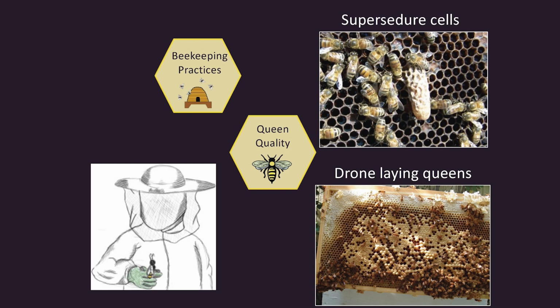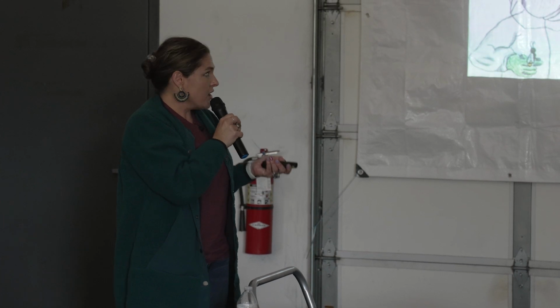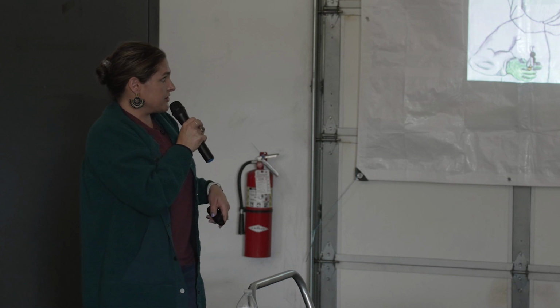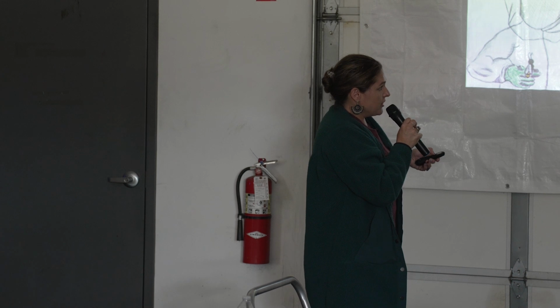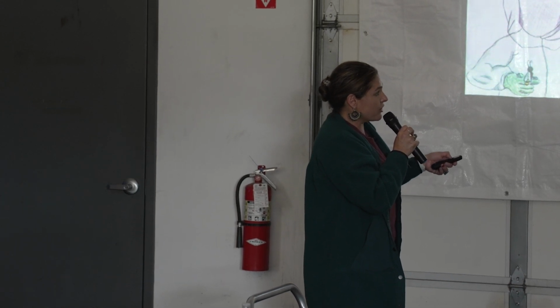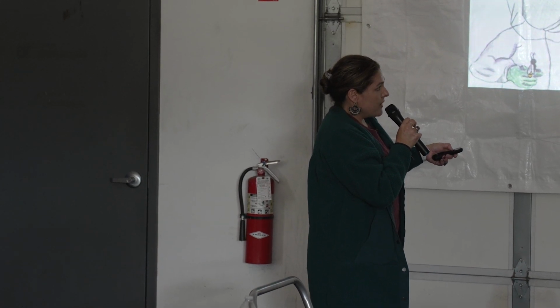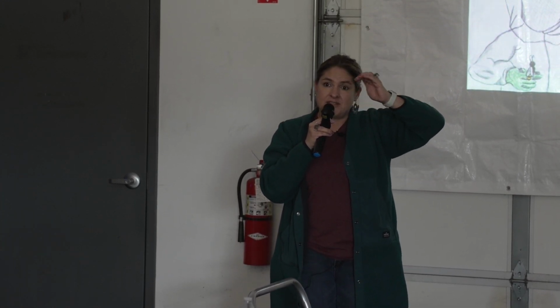And finally, our own beekeeping practices. We need to pay attention to what we do as beekeepers, and most of what I talked about is relatively actionable. So pay attention to whether you're noticing supersedure cells, or if you see something like this: a frame that only has worker comb, and it has sealed worker brood, but then suddenly next to it, in an area where there should be worker brood, you see the domed capping of cells.